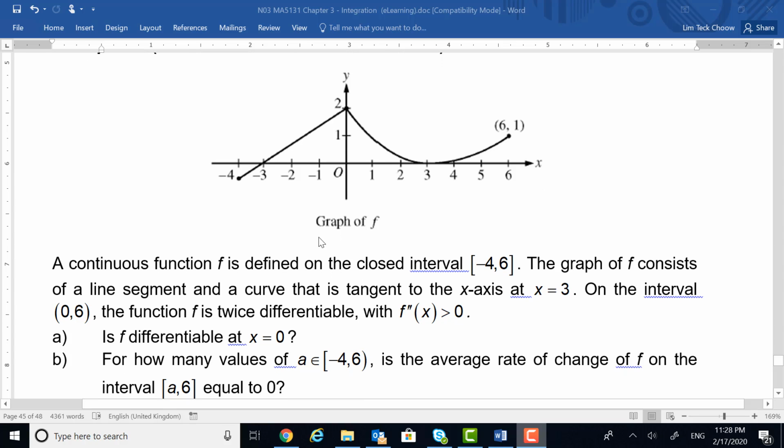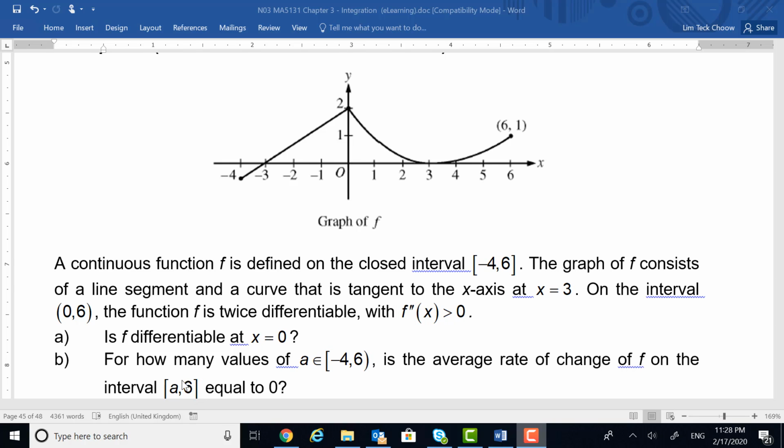Next part of the question asks, they want the average rate of change of f over this to be equal to 0. Let's recall, how do you find the average rate of change of a function? You gotta find the value of f of 6 minus f of a, then divided by the interval 6 minus a.